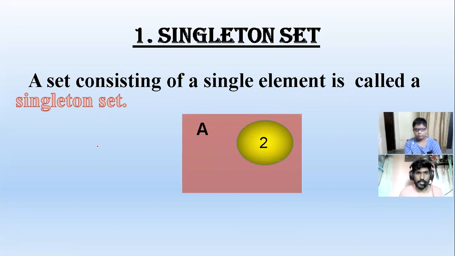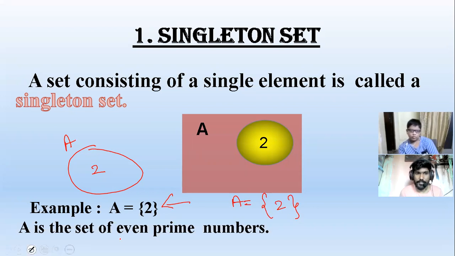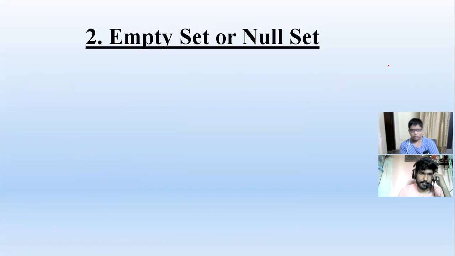A set is usually denoted by a circle. If it has only one element in it, or we can write A equals {2}, and we know this is the set of even prime numbers. Singleton set is clear. Yes, sir.